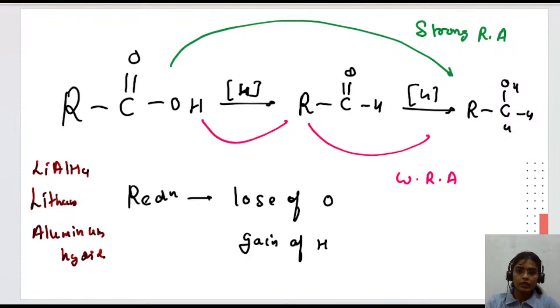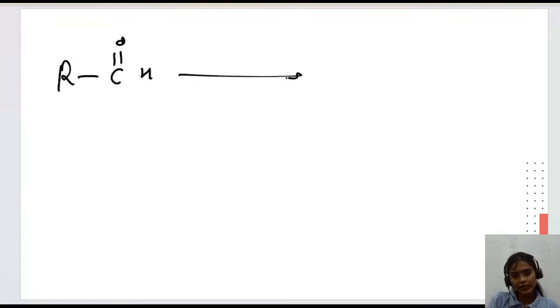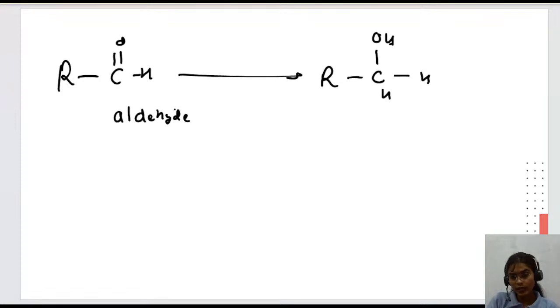Now the second thing, listen, if you are having aldehyde, the aldehyde is going to convert into the primary alcohol, because it's a terminal part. So be noted, if we are starting with aldehyde as a carbonyl compound, at the end we end up with the primary alcohol.